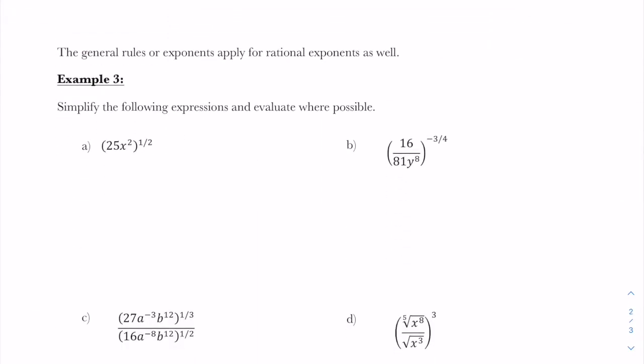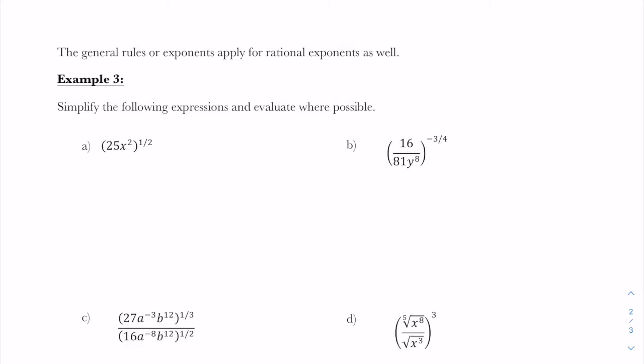The exponent laws learned in lesson 1 of this unit can be applied to rational exponents. Let's see how we do this in the next example. In example 3, we're asked to simplify each of the following and evaluate where possible. Let's get started. In part A, we have 25x squared all to the exponent of a half.